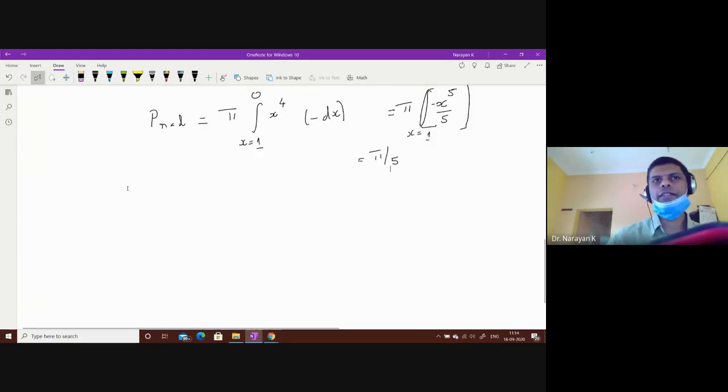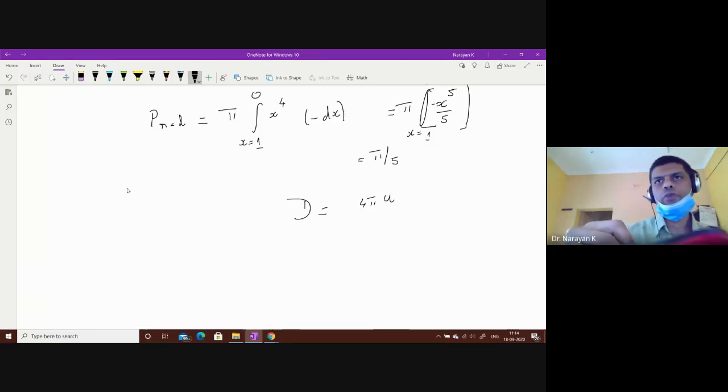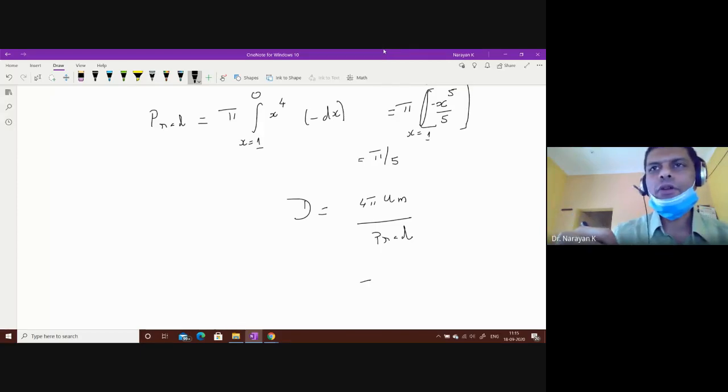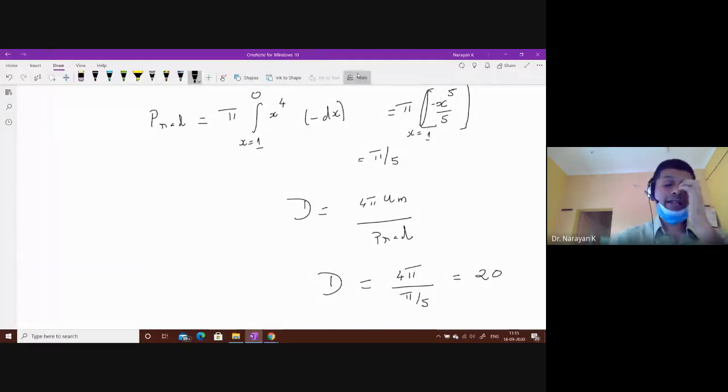How do you find the directivity now? Directivity is equal to 4 pi U max divided by power radiated. This is another formula we keep on using. Your U max is nothing but 1. So 4 pi divided by pi by 5, so your directivity is equal to 20. Now find the directivity in dB.